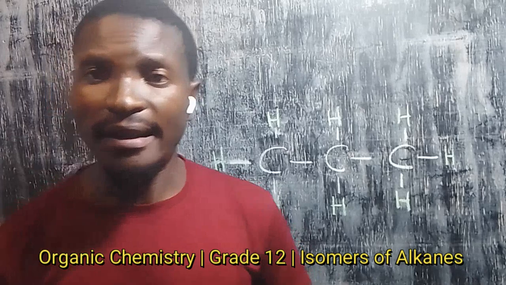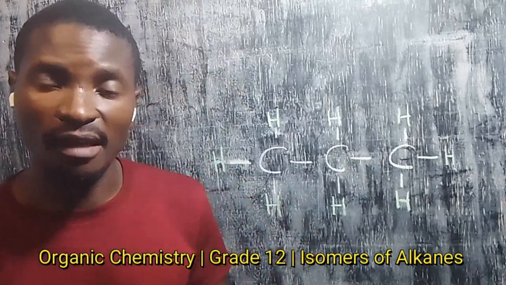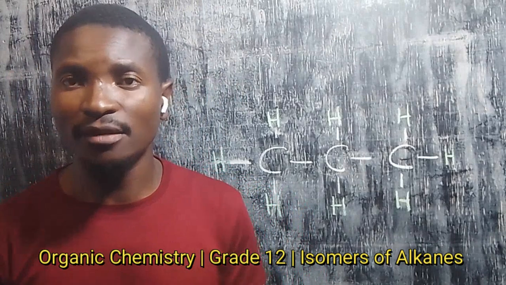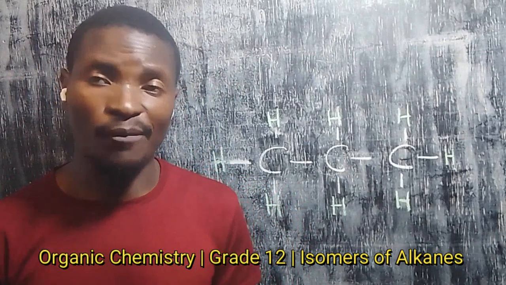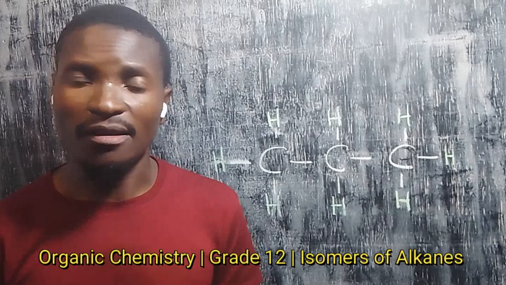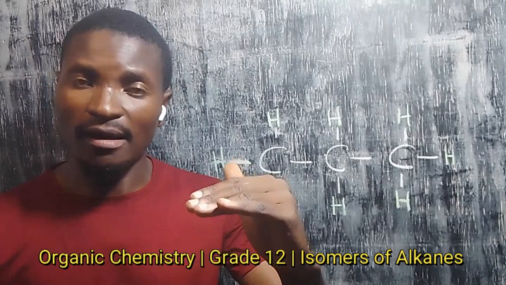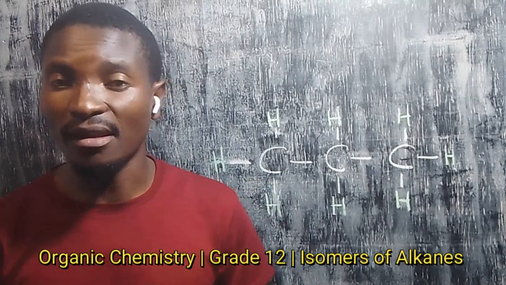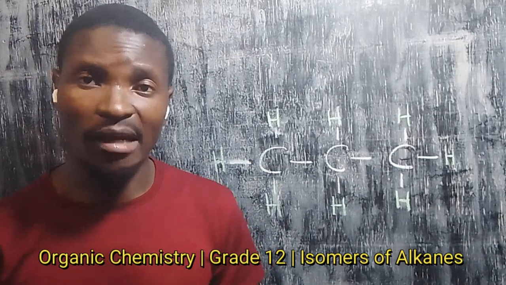So now let us look at the board, and you can see that I've got an alkane, which is simply called propane. This is the actual class member of the alkanes which is number 3, meaning it has 3 carbons in it.